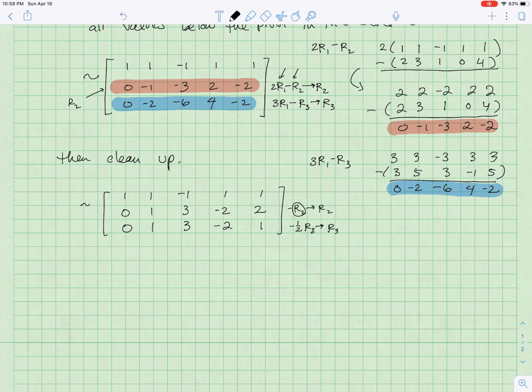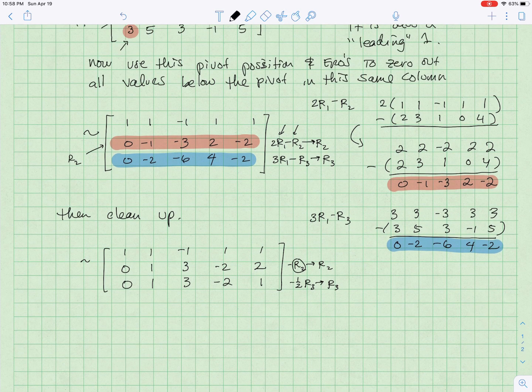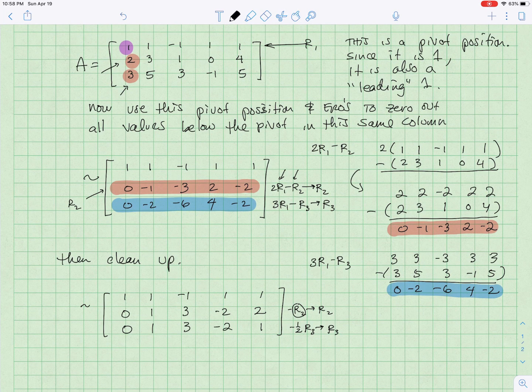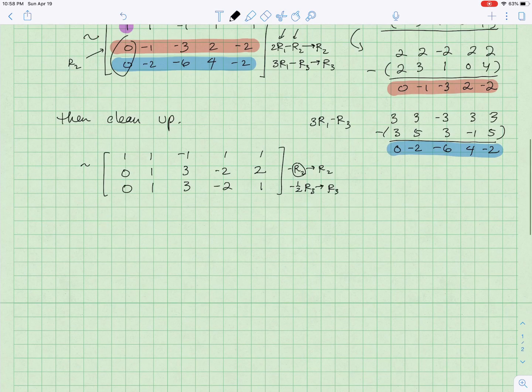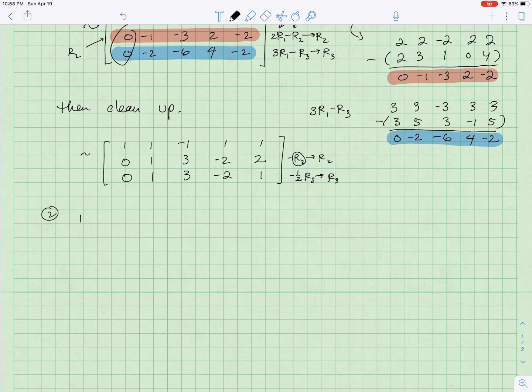Okay, so once you've done the finding your first pivot position, as I did up here in purple, and then clearing out these 2 values, which I've done down here, clearing out not just necessarily 2, but every value underneath that leading pivot position. Again, here's my leading pivot position in the top row. Once you've done that and done a little bit of cleanup here, the next thing you want to do is step 2.